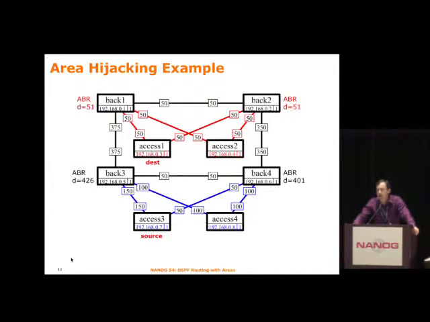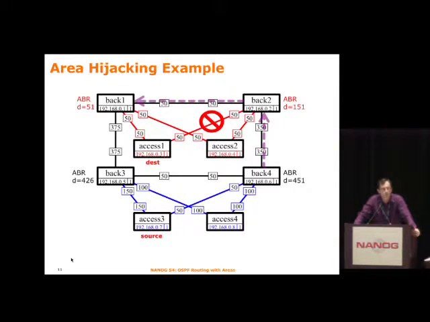So as an example, in this network, once again, same source and destination, if the red link between access 1 and back 2 goes down, well, let's look at what happens to the routing. So first of all, back 2 is now going to shift to a longer path to its destination, because in the red area, it has a path that goes through that zigzag. And so it will advertise that greater distance.